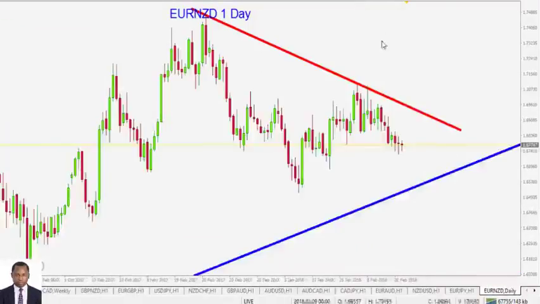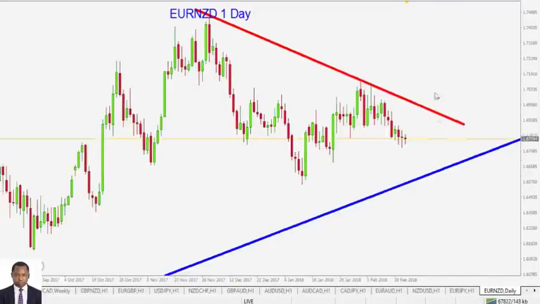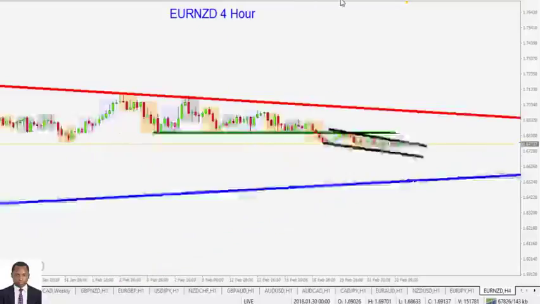The euro against the New Zealand dollar. Same thing as the sterling pounds against the New Zealand dollar. You can see much hesitation there, and much hesitation there for this one as well.